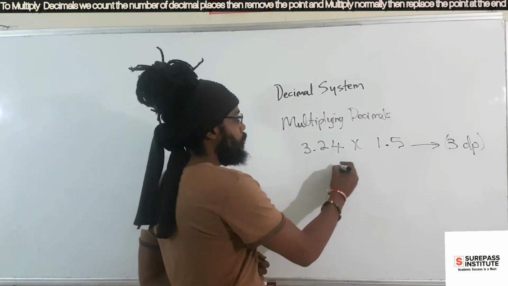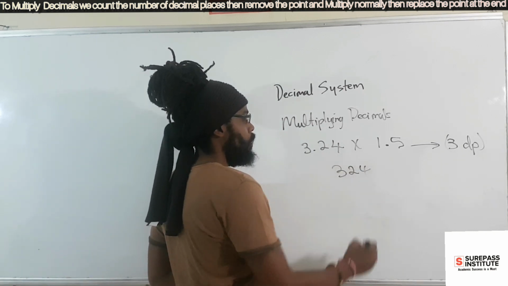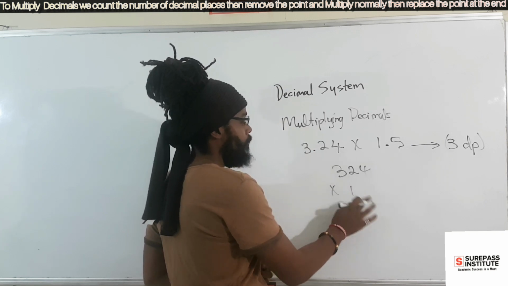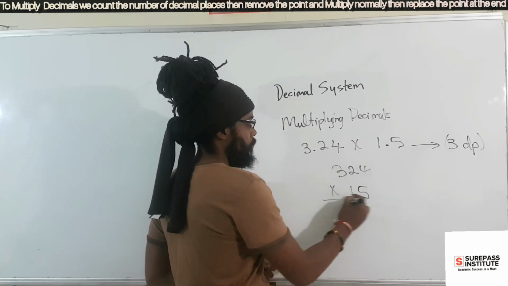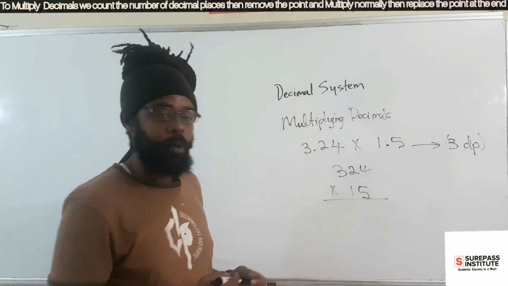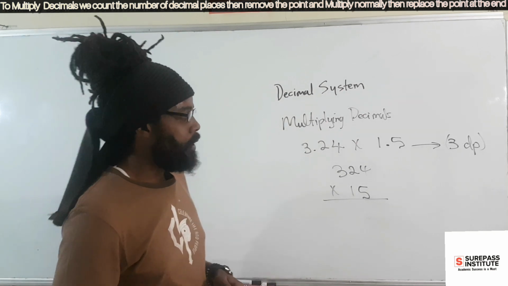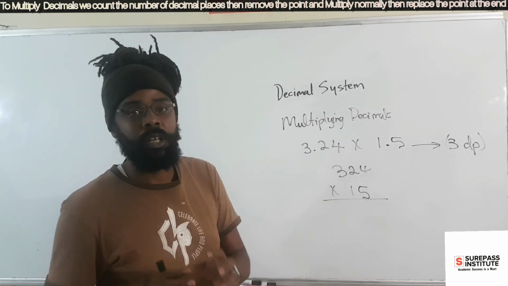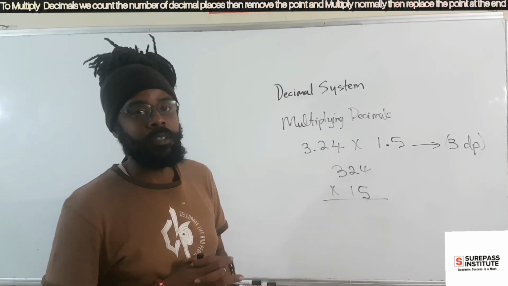So here we are going to write 324 multiplied by 15. So we write the numbers without the point. Why? The point will try to distract you. So you remove the point so you can multiply these numbers effectively.